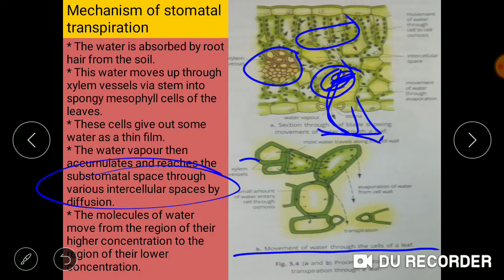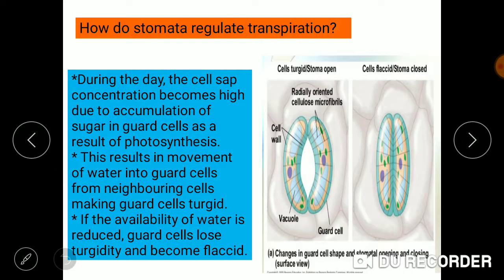So xylem vessels are transporting the water to the palisade cells and then the spongy parenchyma cells, and from there it is getting accumulated over the region, and from there it is moving out. The movement of water is out from higher concentration to the lower concentration in the surrounding, leading to the process of transpiration, and it occurs by osmosis.